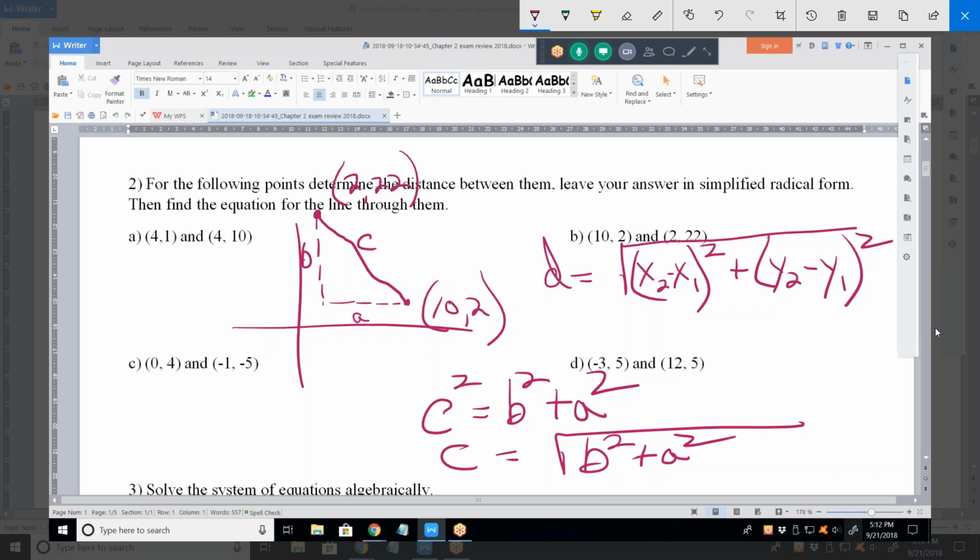Well, there's A. I got it backwards, but it doesn't matter since we're adding. But this right there is the base of that triangle, x sub 2 minus x sub 1. Well, what is x sub 2 and what is x sub 1 in our problem here?